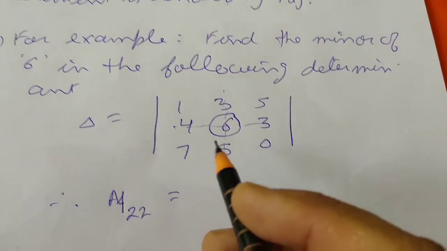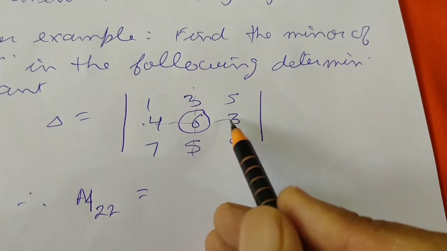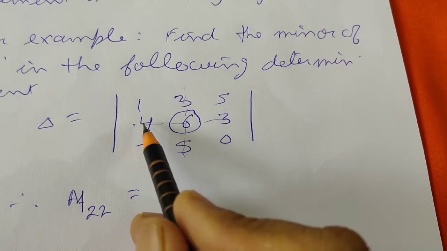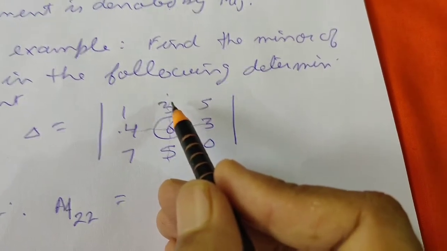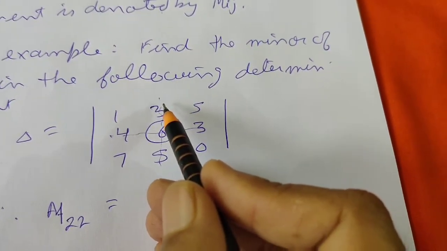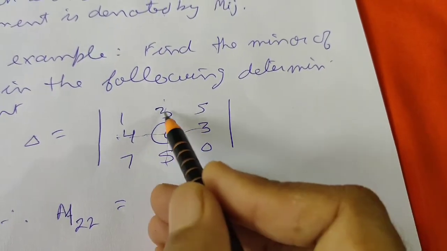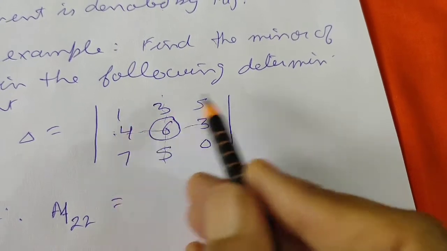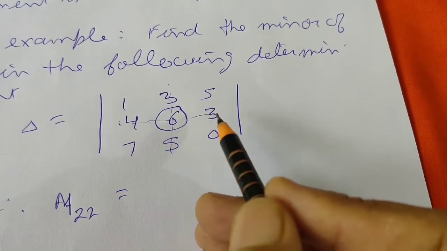To find M22, cancel out all the elements of the row in which 6 lies, and also all the elements of the column in which 6 lies. Cancelling it, this will get 4. The remaining elements are 1, 5, 7 and 0. Do not show this cancelling on your answer sheet.